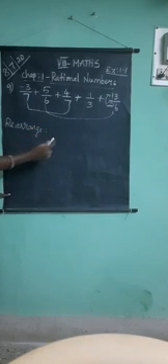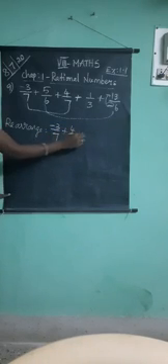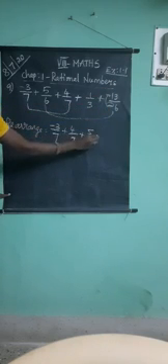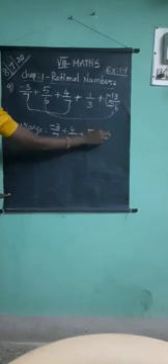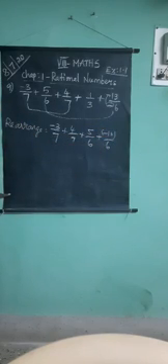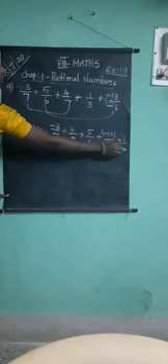How to rearrange? Minus 3 by 7 plus 4 by 7. Plus 5 by 6, here minus, so plus minus 13 by 6. Are you clear? Last one is plus 1 by 3.